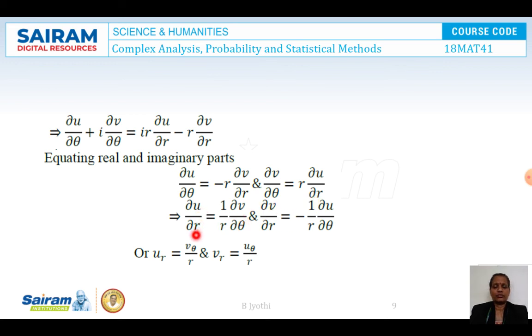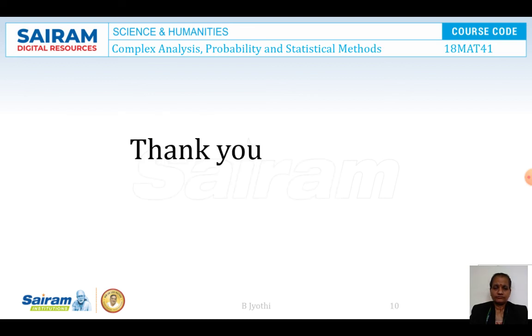Rearranging, we get ∂u/∂r = (1/r) ∂v/∂θ and ∂v/∂r = −(1/r) ∂u/∂θ. This we can also write in the form of u_r and v_r as shown here. Thank you.